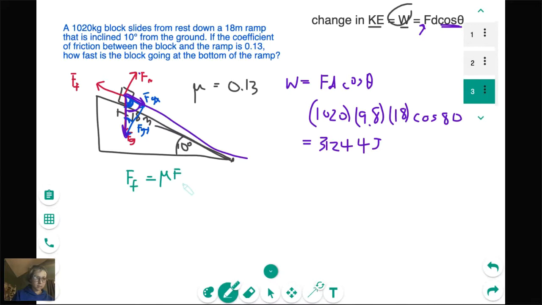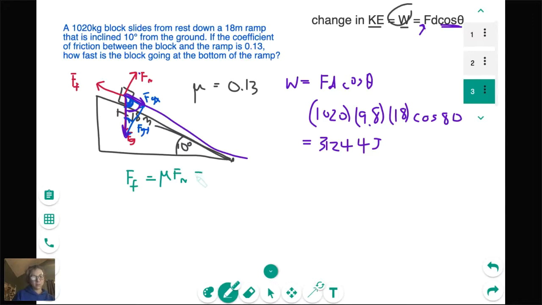So unfortunately, even though the normal force is not doing any work, we still need to find out what the normal force is, because we need it to find the frictional force.